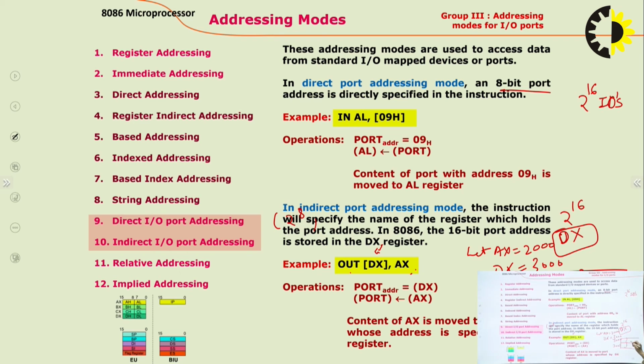So this value of AX is copied, that is first 20 and then 00. Since the memory is addressed indirectly using a 16-bit register, which is by default DX, so it is called as indirect IO port addressing mode.